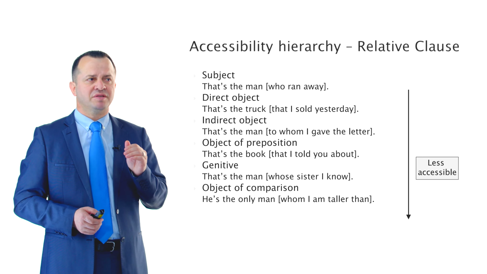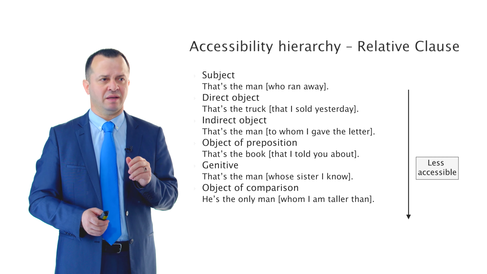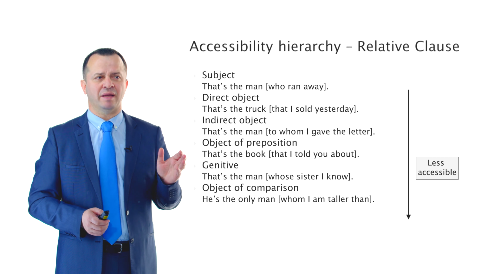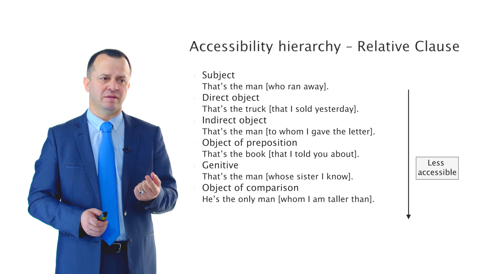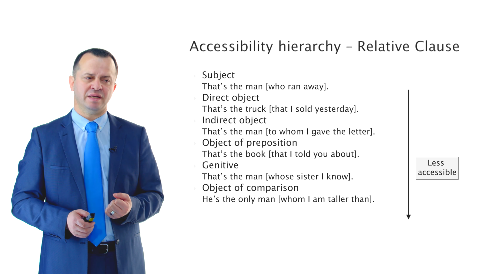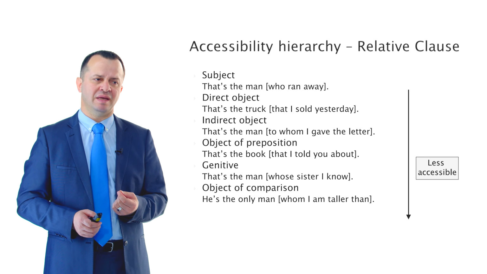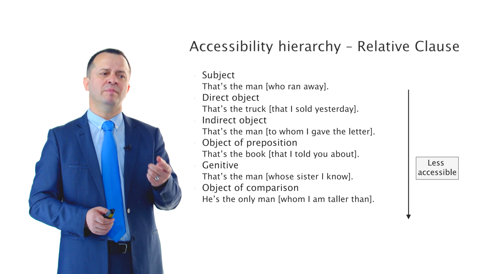Accessibility hierarchy. So, like the relative clause with the subject, like "that's the man who..." This is the most accessible for the learners, rather than the last sentence, the object of comparison: "he is the only man whom I'm taller than."